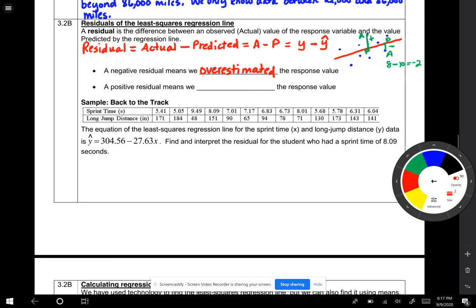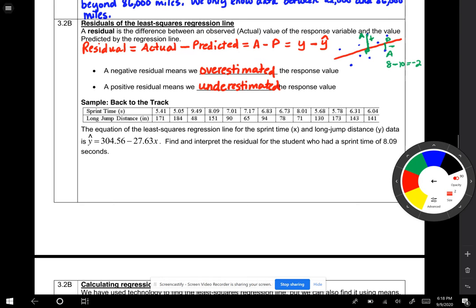A positive residual means we underestimated the response value. And that makes sense because the predicted value is lower than the actual value.